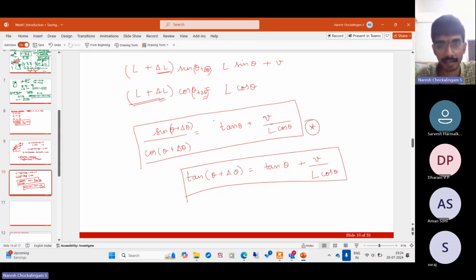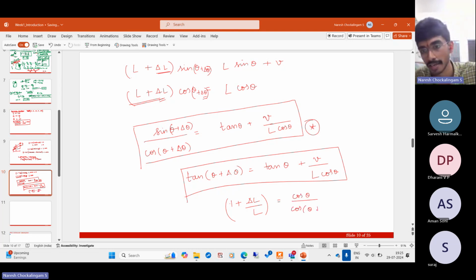So let us rearrange this. Let us divide both sides by L. You get 1 plus delta L by L is equal to cos theta by cos of theta plus delta theta. And so this is actually fine. So delta L by L is actually the strain.